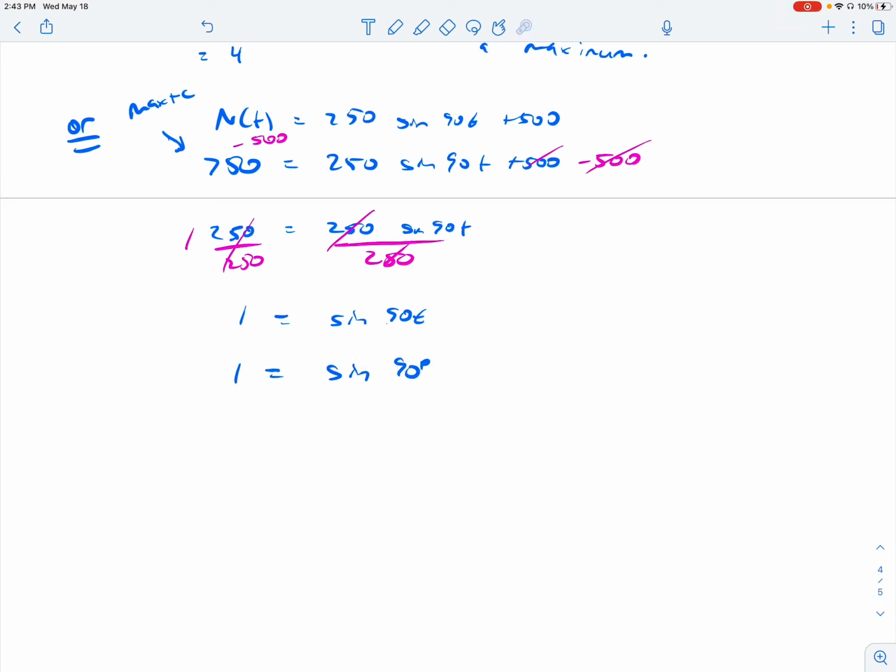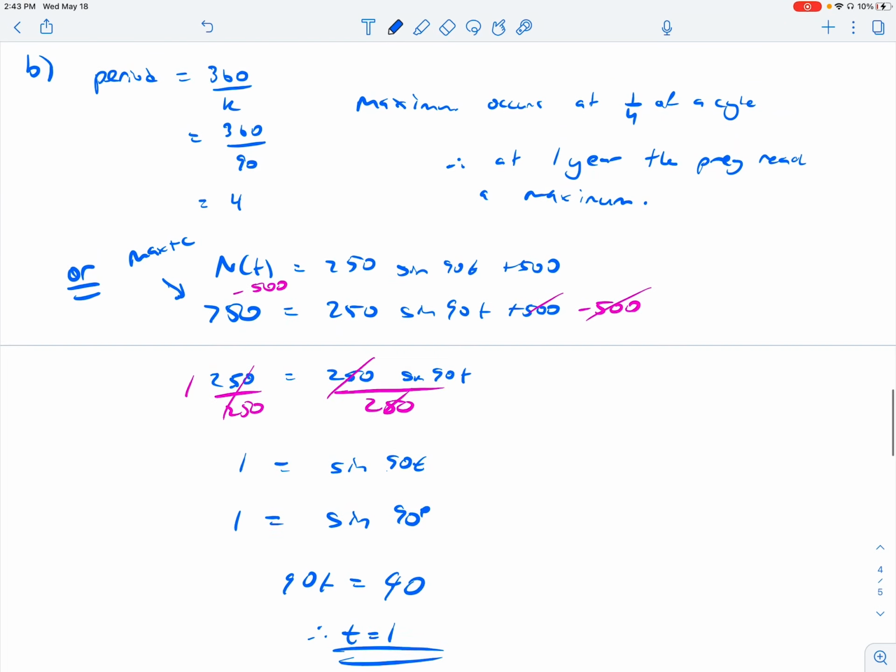So if sine of 90t equals 1, and sine of 90 equals 1, that means these need to be the same, right? If they both equal 1, the angles have to be the same. So we can write 90t equals 90, therefore t equals 1. Okay, notice that's exactly what we got over here when we took a quarter of one full cycle, a quarter of a 4.